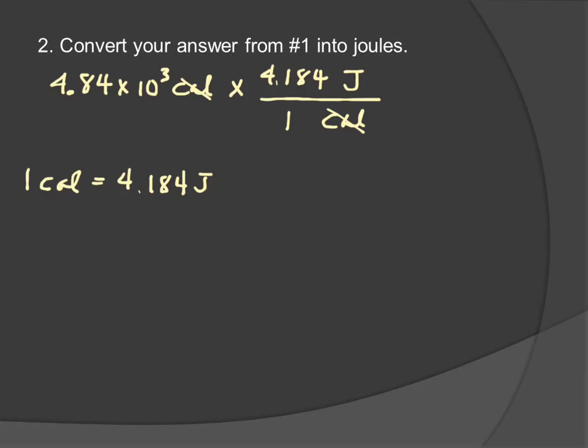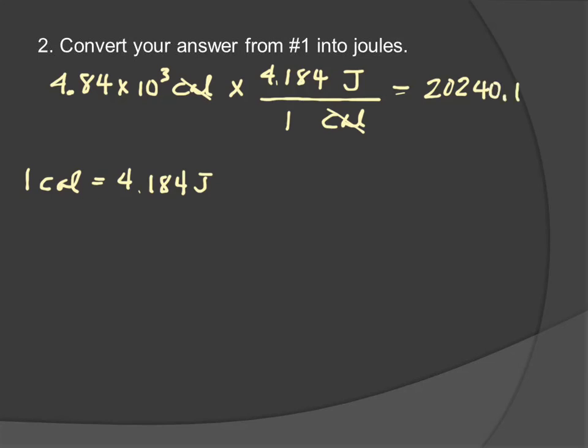So we take that number that we had and we multiply by 4.184. Now, if I still had that number, the original number, unrounded, in my calculator, I just multiplied it by 4.184, and I got this number.